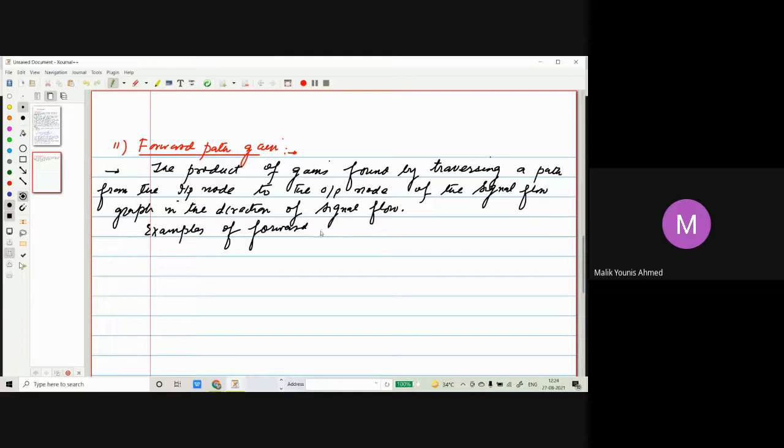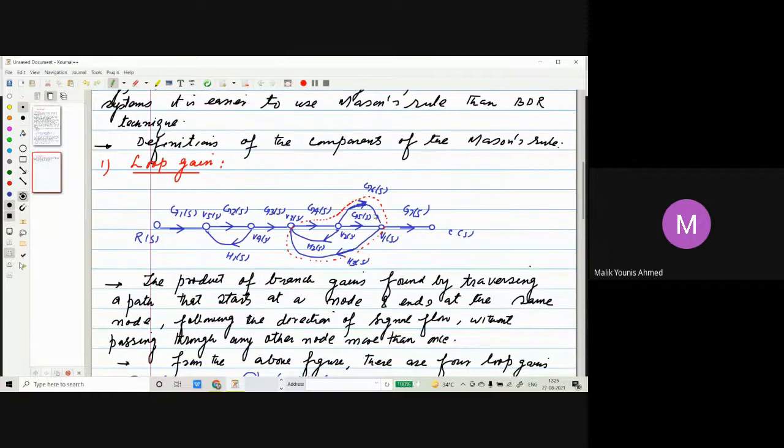Examples of forward path gain are from the above figure. So you can have a look. It will be starting from the input node. This is your input node, and this is your output node. So first of all, the path has to be from input to output node.